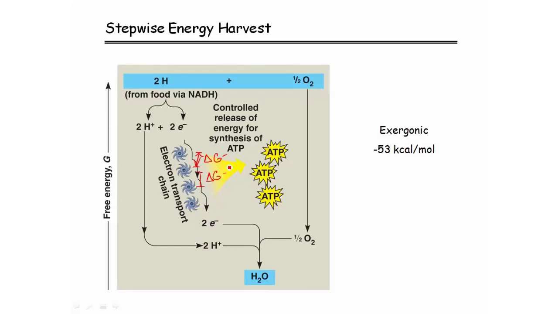Because it's little bits of energy that is released at a time, the cell is going to be much more efficient in the collecting of that energy and then ultimately packing it away in ATP molecules. Notice that overall this is most definitely an exergonic reaction. Notice that we do have a negative delta G. So we will be releasing energy, and then we will be using that energy for the endergonic synthesis of the ATP molecules.